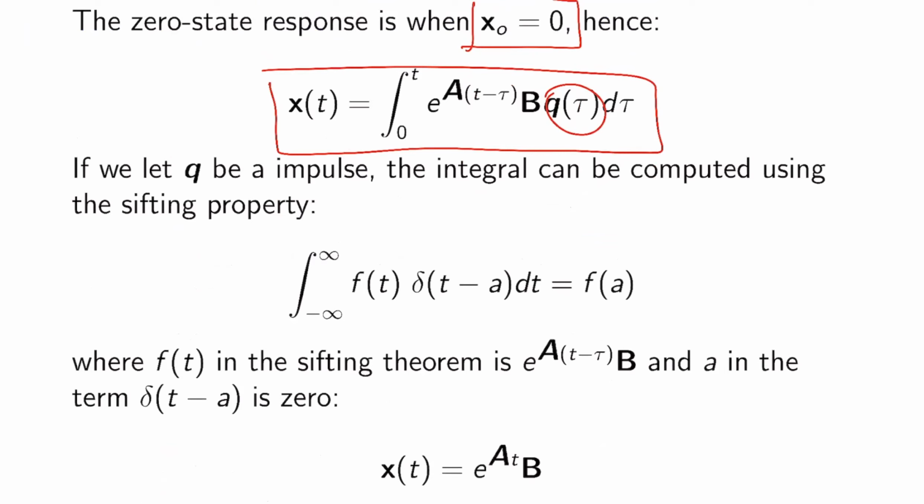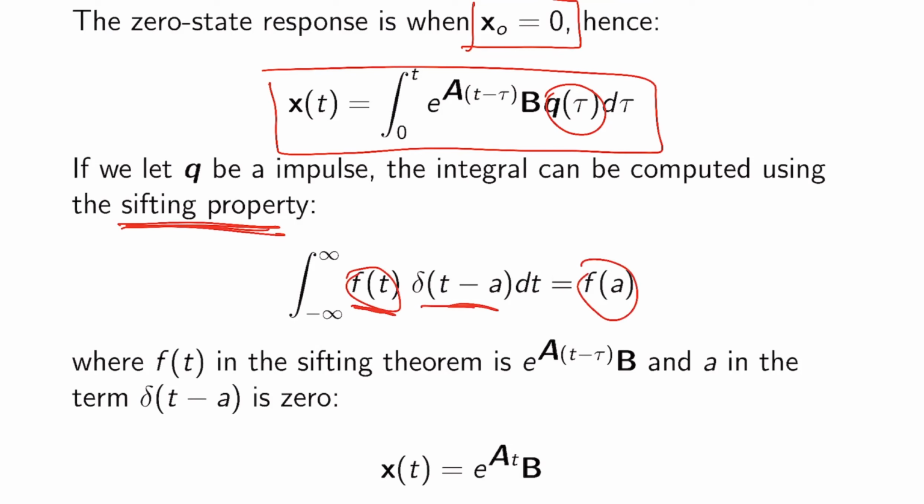First thing to note is there's a shifting property, which I briefly mentioned in the signals chapter, which talks about the impulse and how we can pluck out a value for a function. So if you have a function f of t and you apply an impulse at say a, it'll effectively pluck out the value of f of t and give you f of a. It's called the shifting property, and we can use that in this case.